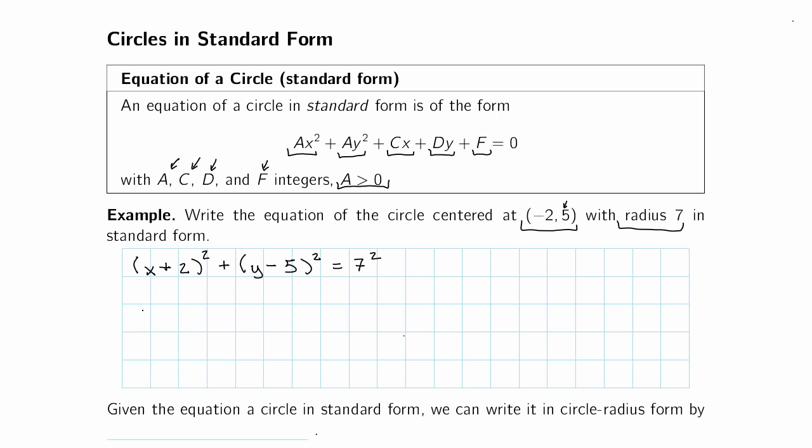So x plus 2 squared, that's x squared plus 4x plus 4. Y minus 5 squared, that's y squared minus 10y plus 25. And that's all equal to 7 squared, which is 49.